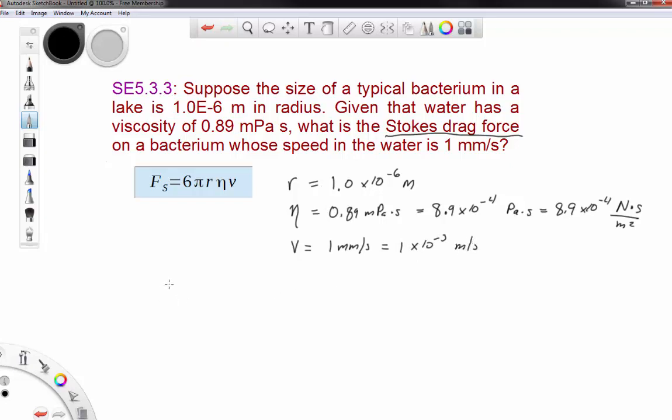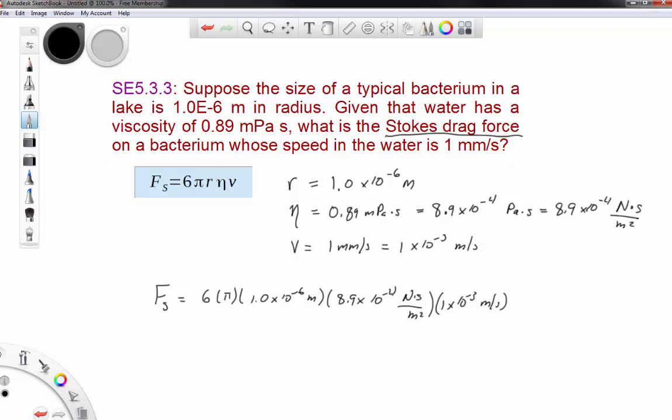So this means that our Stokes force is going to be 6 times pi times 1 times 10 to the minus 6 meters times 8.9 times 10 to the minus 4 Newton seconds per meter squared times 1 times 10 to the minus 3 meters per second.